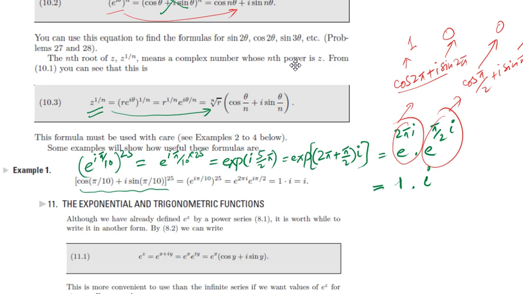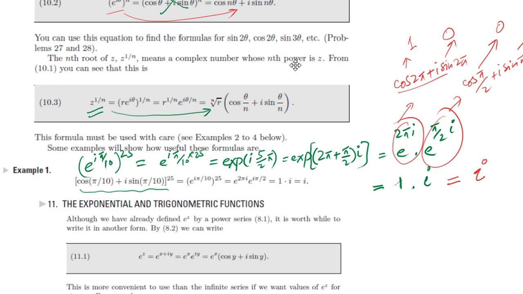Here we are left with 1, and here we are left with iota only. So you get just the answer that is equal to iota. So looking at complex numbers is not actually that tricky or difficult, so we can do it rather simply.